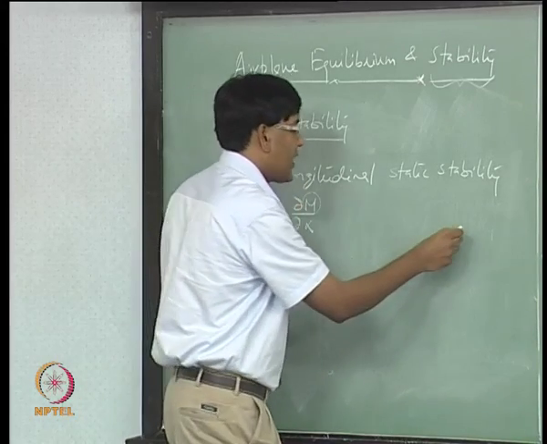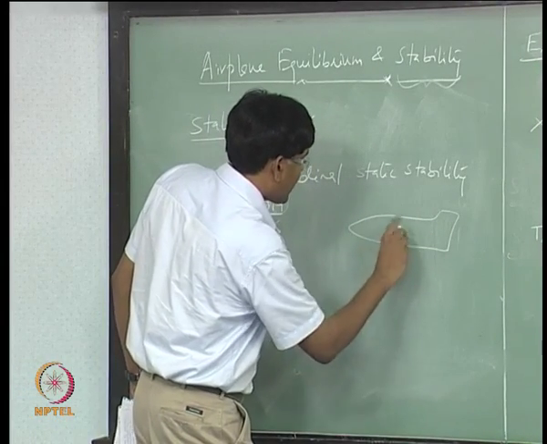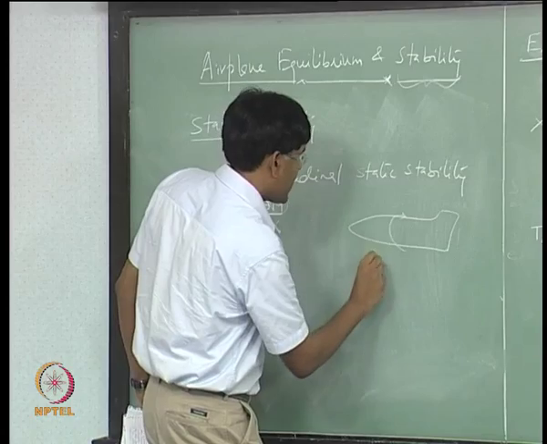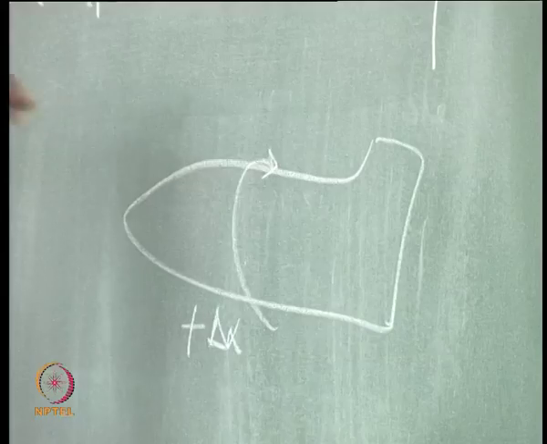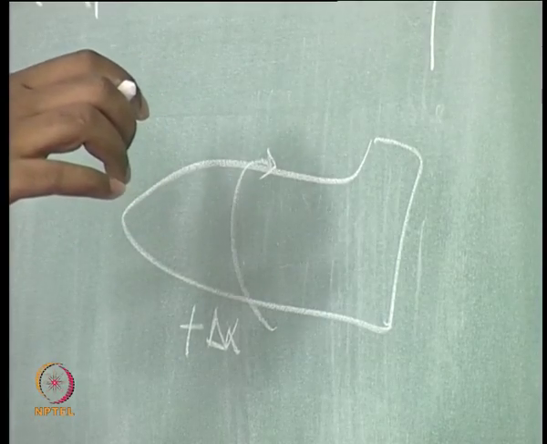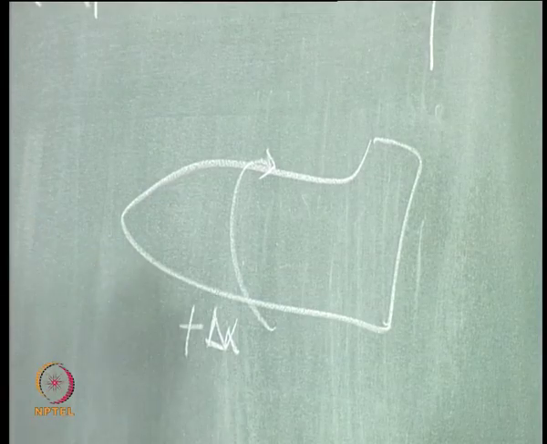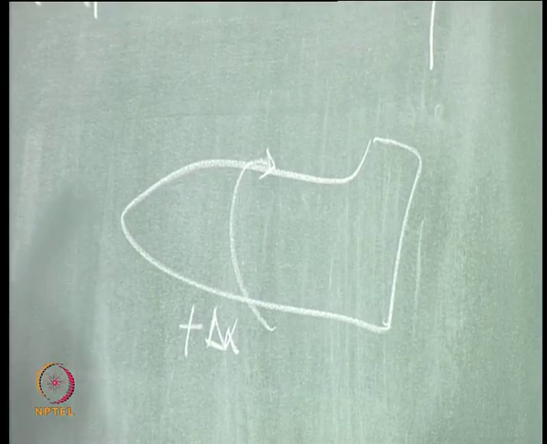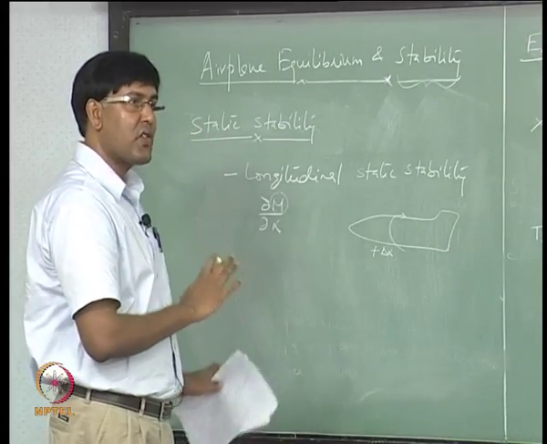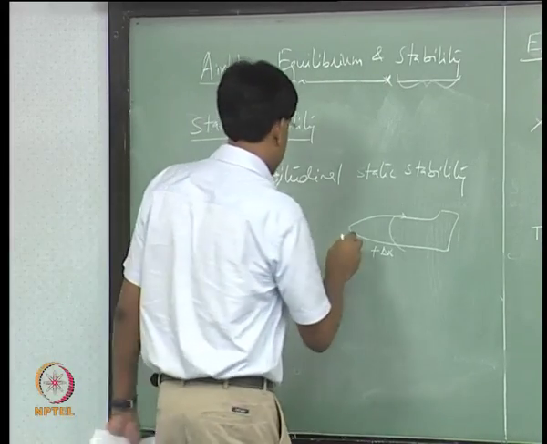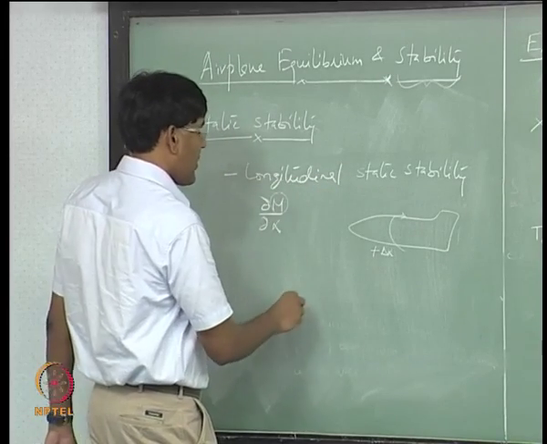Now, the aircraft is pitching up when there is a positive change in angle of attack, and whether the aircraft will naturally try to generate a pitching moment in the direction to decrease the delta alpha or not, that is related to the static stability of the aircraft, in this case longitudinal static stability.